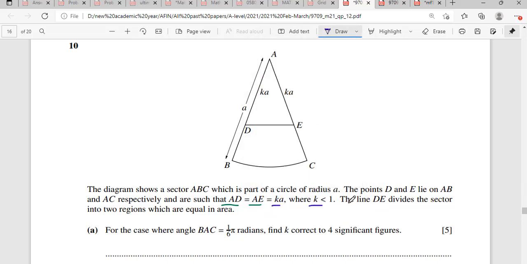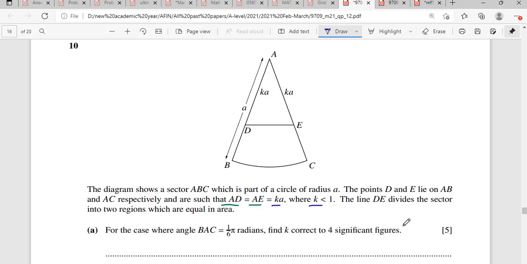K is less than 1. The line DE divides the sector into two regions which are equal in area. For the case where angle BAC is 1 over 6 pi radians, find K correct to 4 significant figures.